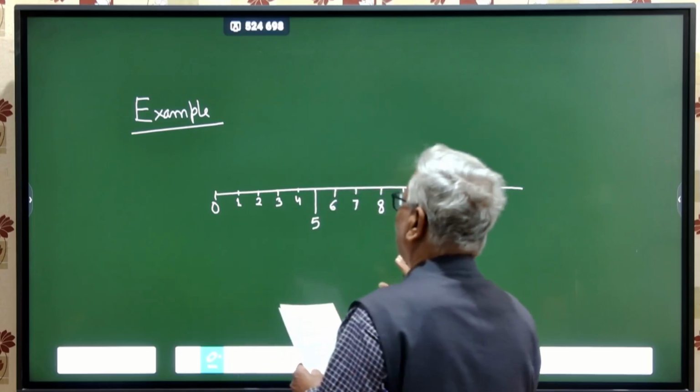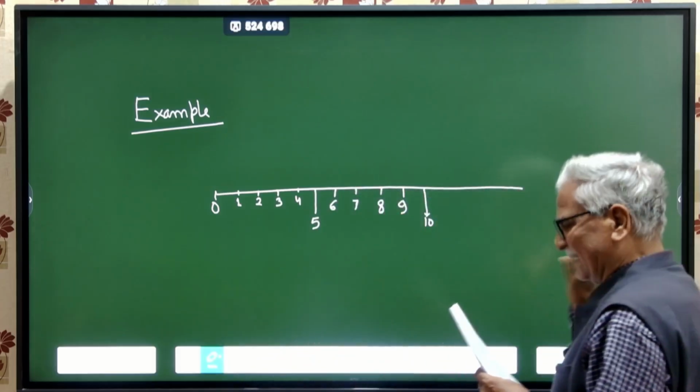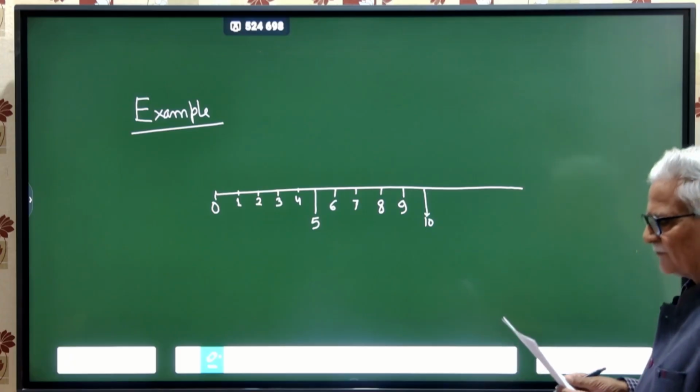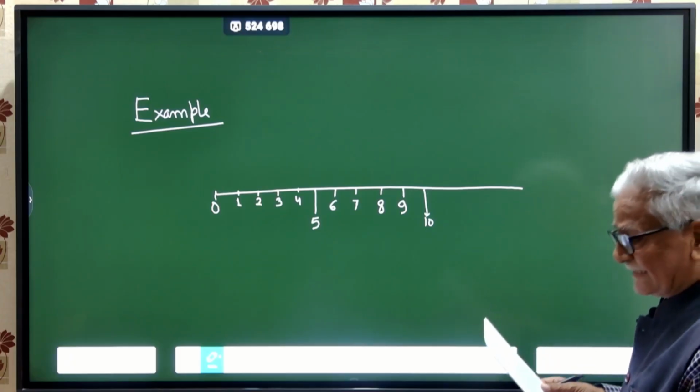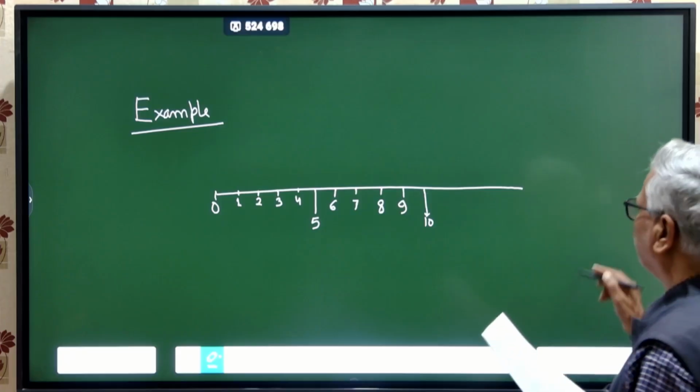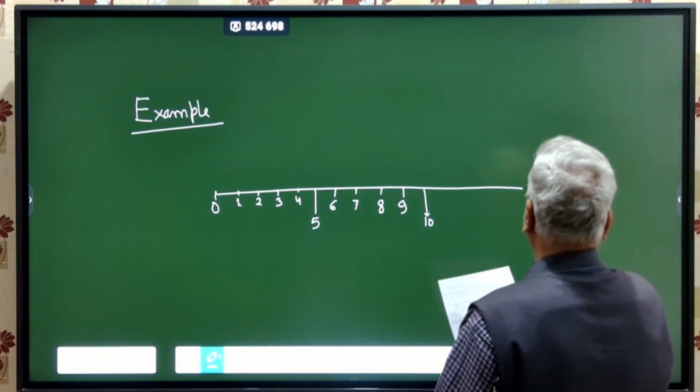Just leave it up to 10. You can say this is a number line.